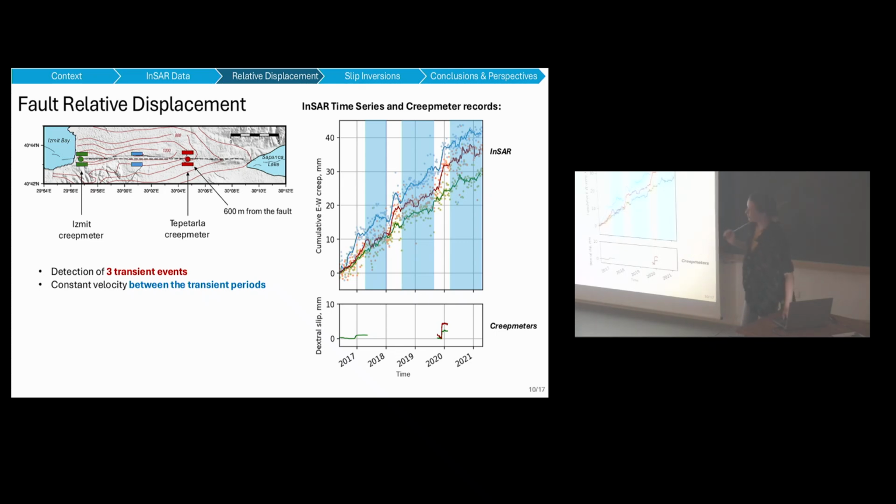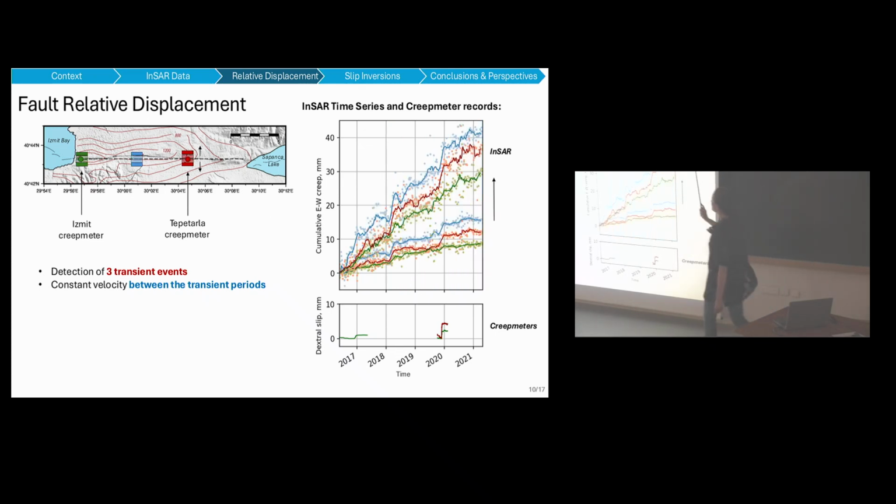So this is interesting because what we can see is that if we look at close pixels or further pixels, we are able to detect 2 different mechanisms, the transient accelerations and the steady creep, but with different sensitivity. So it means that if we look at the slip inference, we should have some differences between the 2 mechanisms.